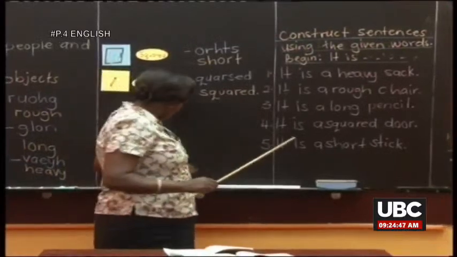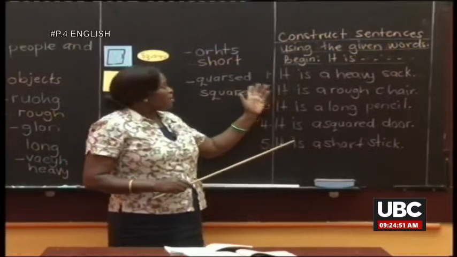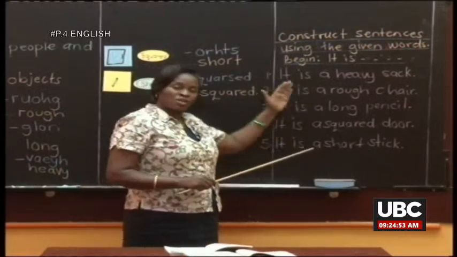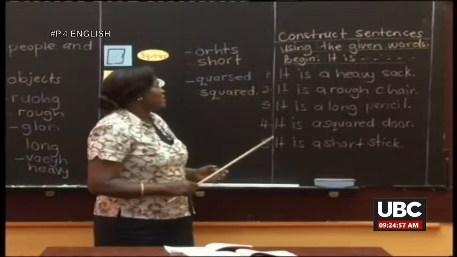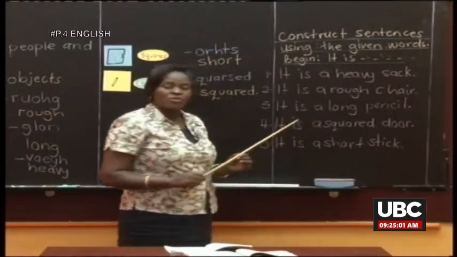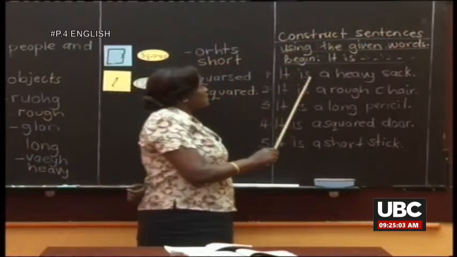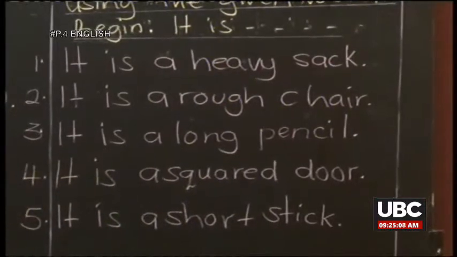We are trying to develop our speaking skill by first of all beginning with short, simple sentences using the given words. We have been given the word heavy, but we've tried to construct a sentence saying, it is a heavy sack. You are describing, and at the same time, you are constructing very good sentences.